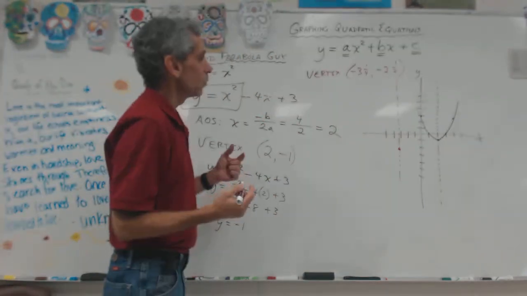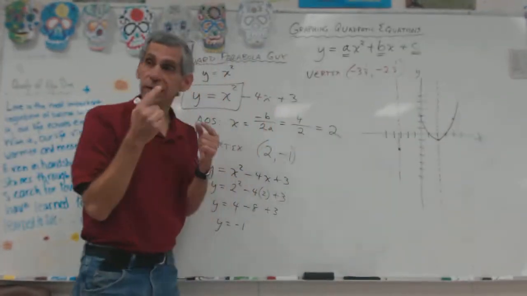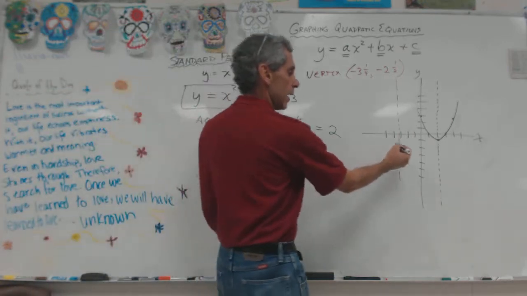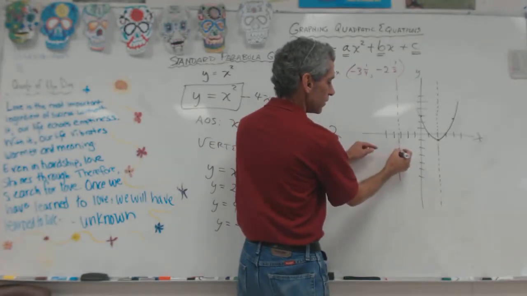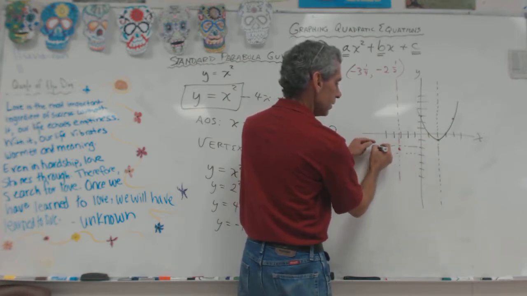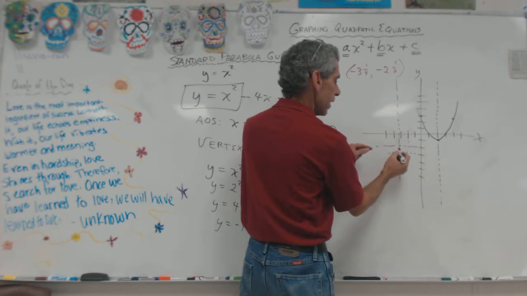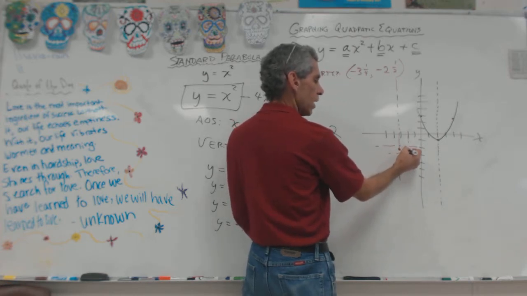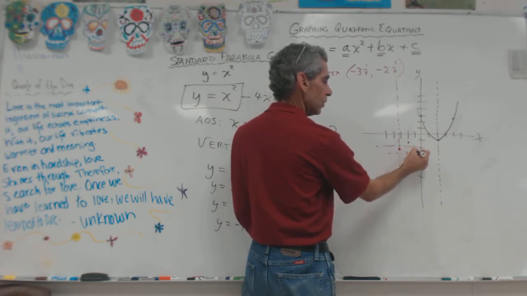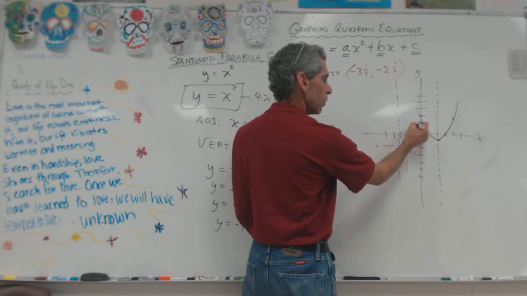Now, let's say it is y equals x squared, meaning standard parabola guy. Even though it's in the middle of this stuff, I got to go over 1, up 1, halfway. Does that make sense? Over 2, up 1, 2, 3, 4.